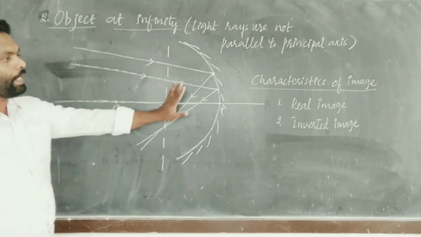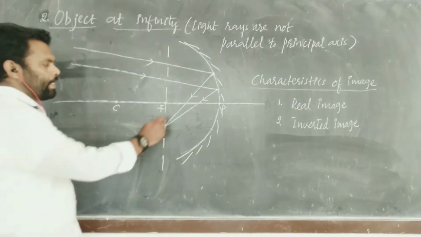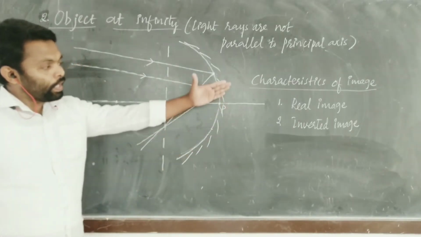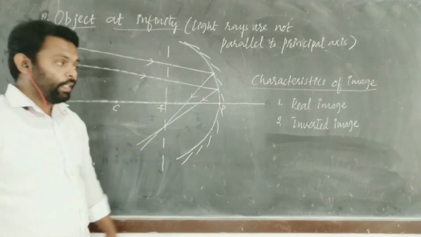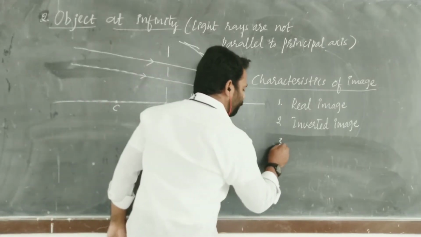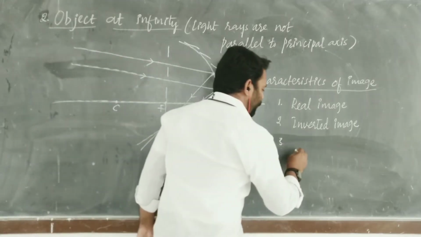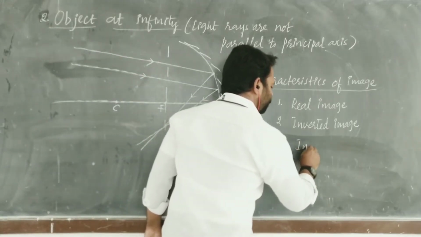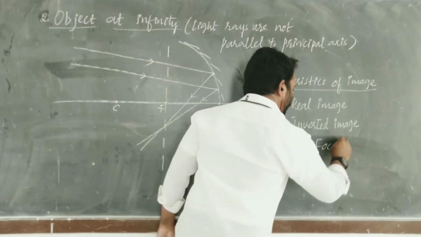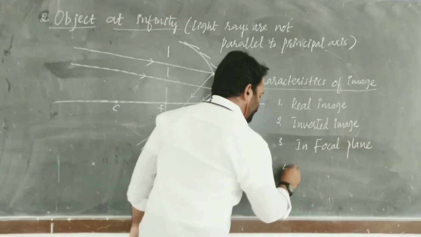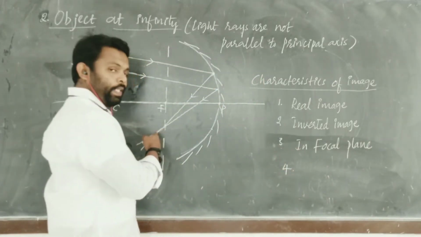So now let us see characteristics of image formed. As these two reflected light rays are intersecting, the image is real image, and all real images are what? Inverted images. And third one, where is the image formed? Image is formed in focal plane. And what is the size of the image? It's a point size.